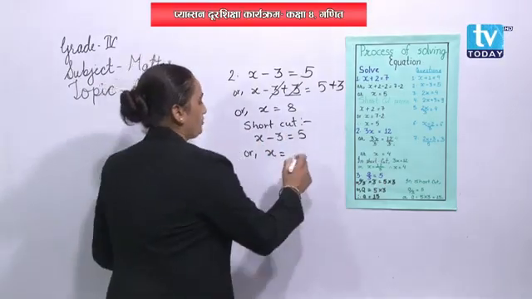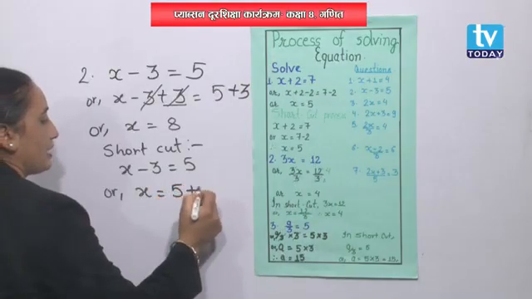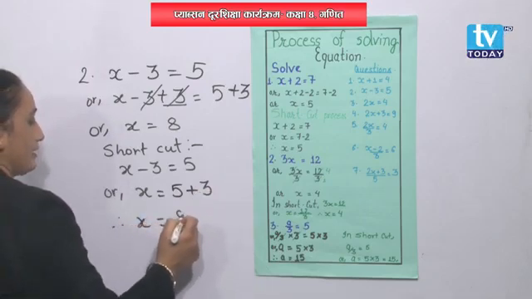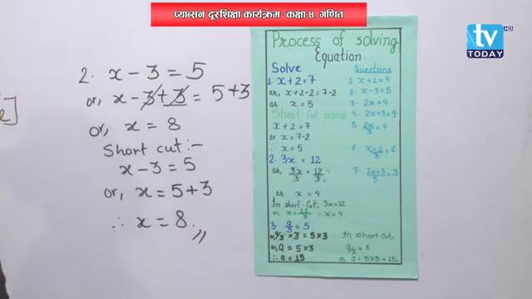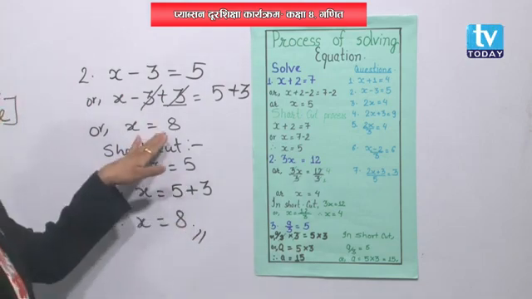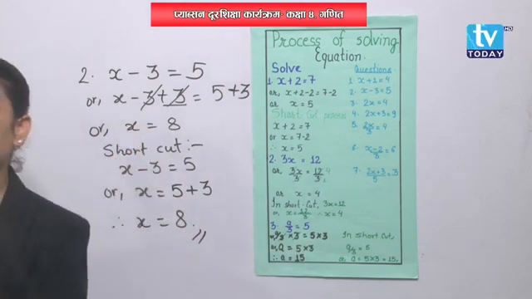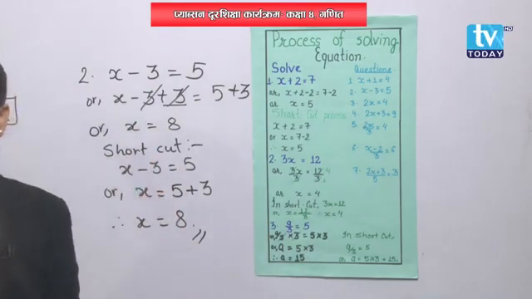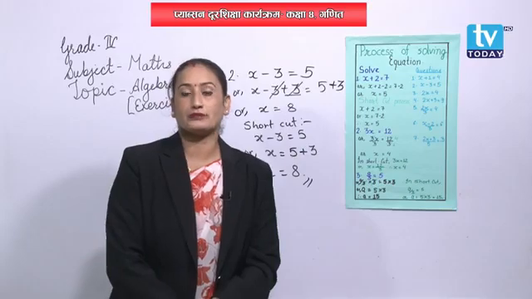Okay. So, please write down 5 plus 3 and the answer will be 8. From the long process the answer is coming the same, and from the shortcut also the answer is coming the same. That means you can follow any one.